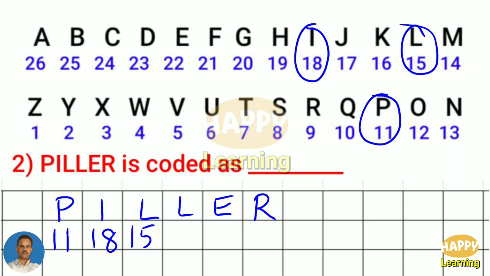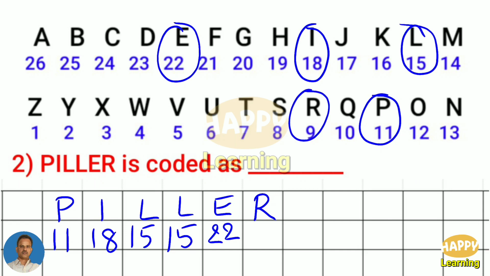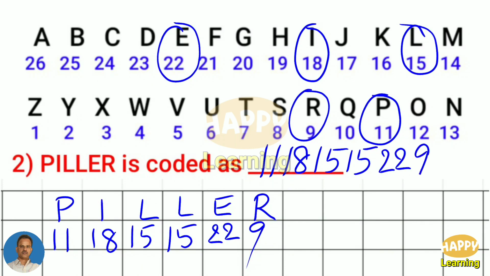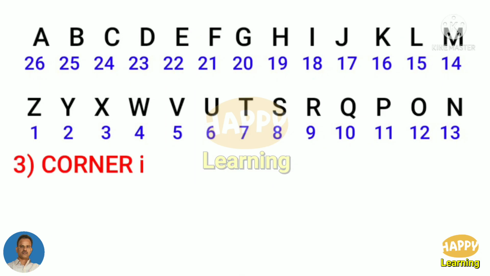So 15 and 15, two L's are there. E is coded as 22. R is coded as 9. Therefore, code for pillar is 11151515229. Okay.